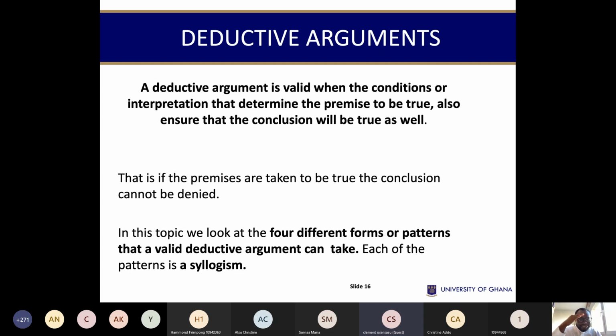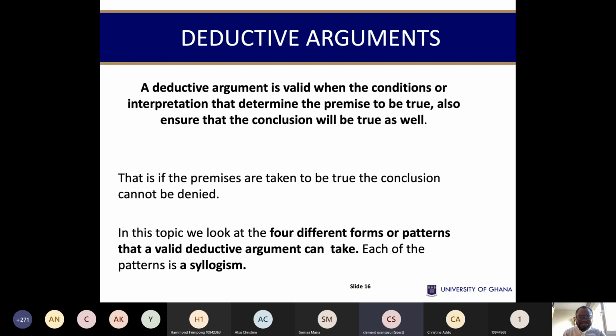So let me quickly take that again, then we move on. I was talking about deductive arguments. Anytime you see a deductive argument, it means that the argument must be valid. The conditions that ensure the premises of the argument are true must also ensure that the conclusion of that argument is true.